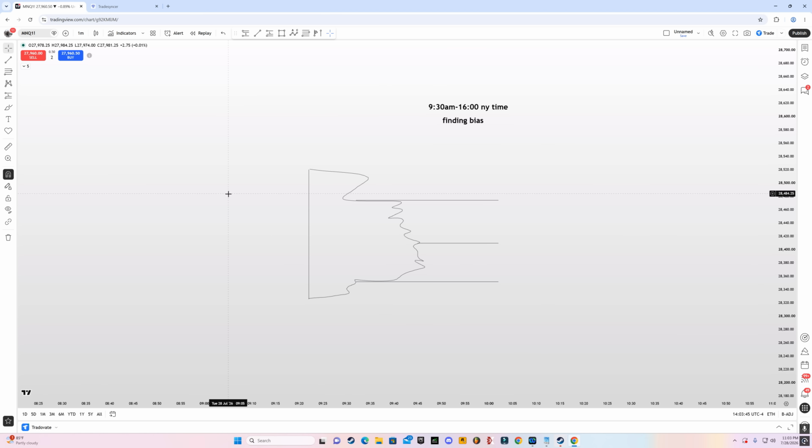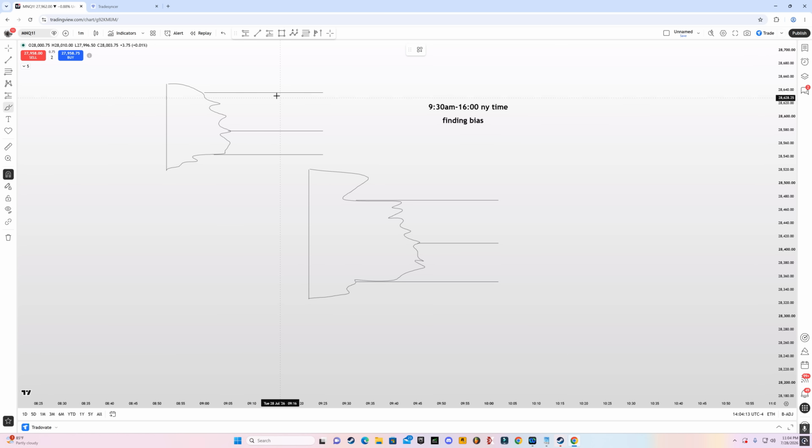The second confluence is looking at the previous 2 days and seeing the value shift. Is the value shifting lower or higher? So let's say this is Tuesday. On Monday, we had the volume profile around here, and we have the value area high, the value area low, and the point of control. Again, this is the cash session, guys, from 9:30 till 16:00.